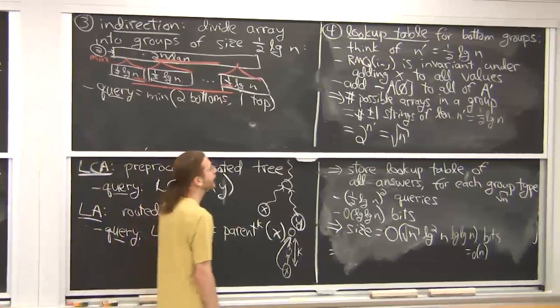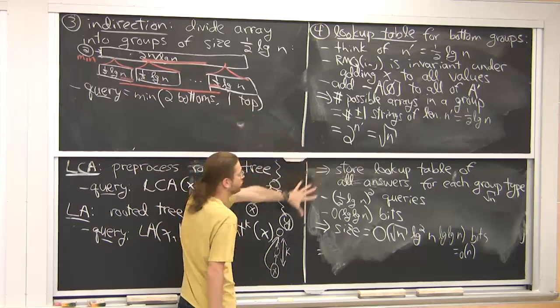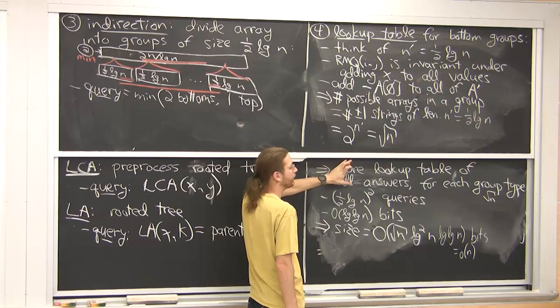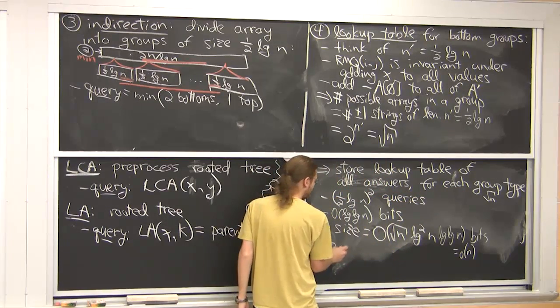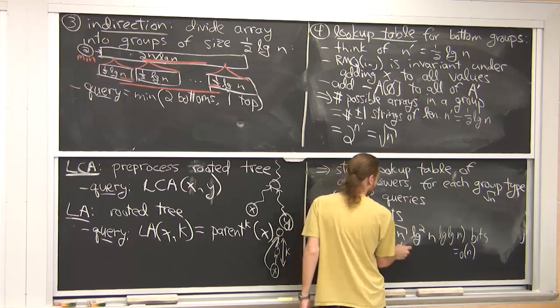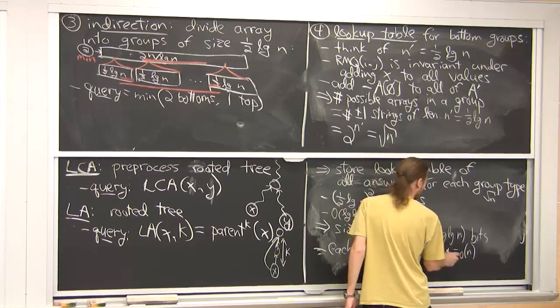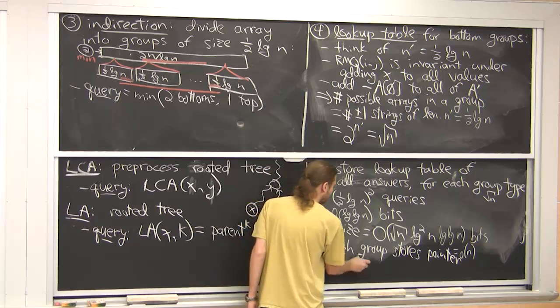Now, if we have a bottom group, the one thing we need to do is store a pointer from that bottom group to the corresponding section of the lookup table for that group type. So each group stores a pointer into the lookup table.